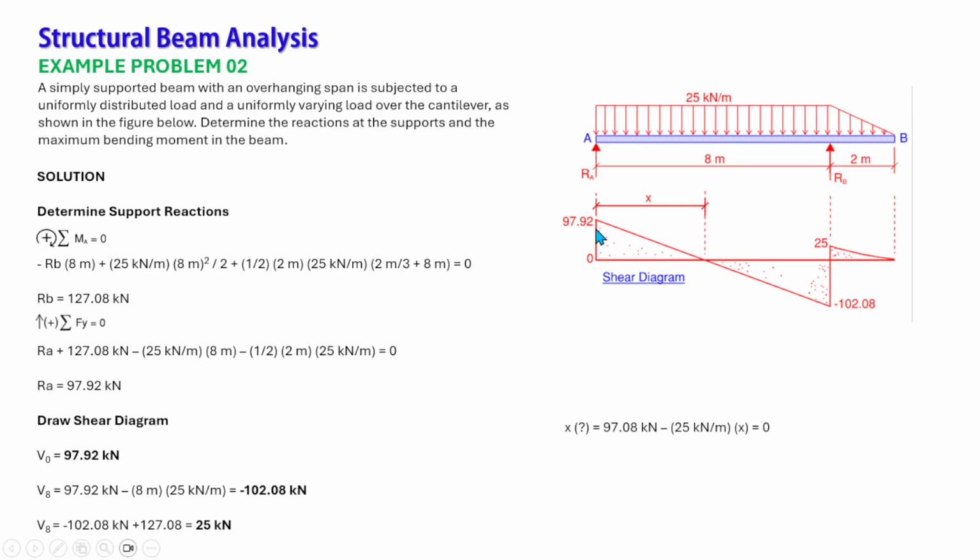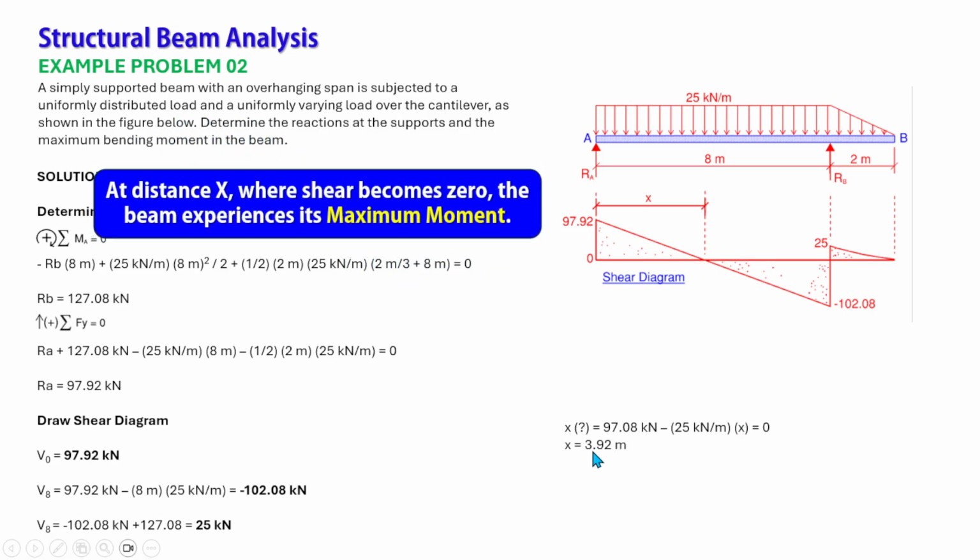So to evaluate the value of X here, where the shear is 0, you can determine that X by ratio and proportion. But there is a shortcut method if we have the uniform load on the beam. So let's say 0 is equal to 97.92 kilonewton minus 25 times X. So you can directly determine the value of X, which is 3.92.